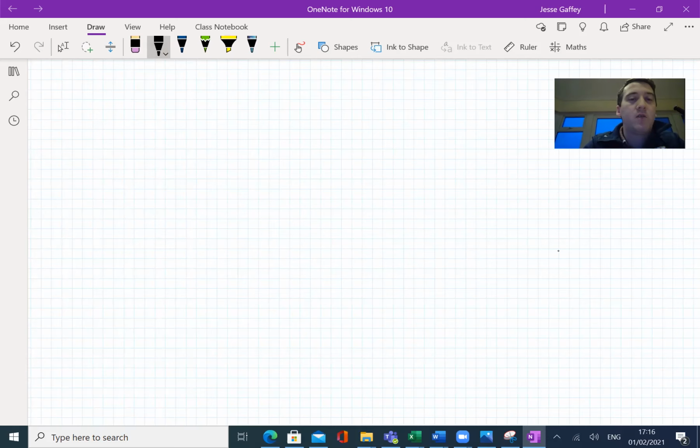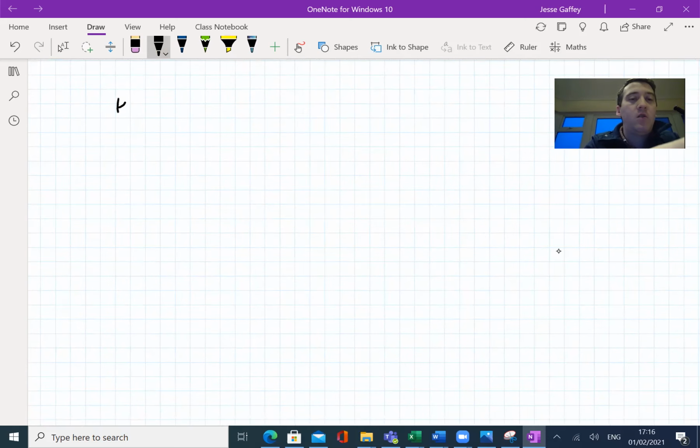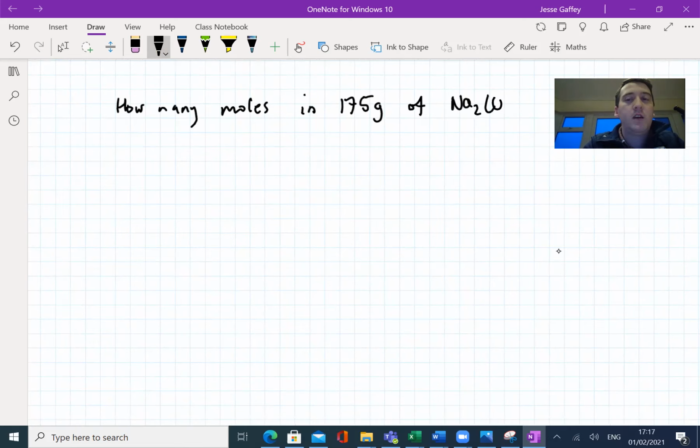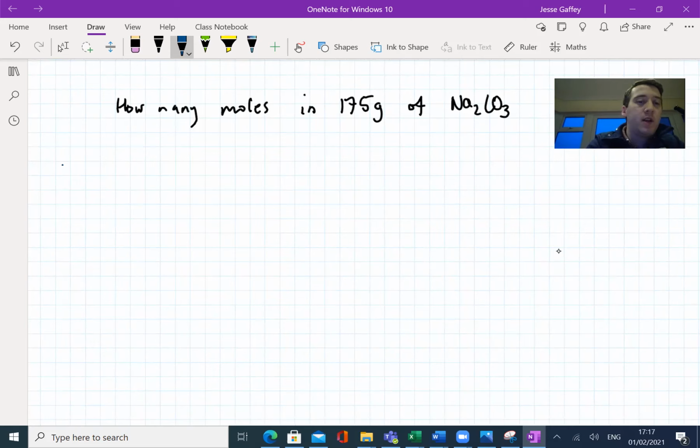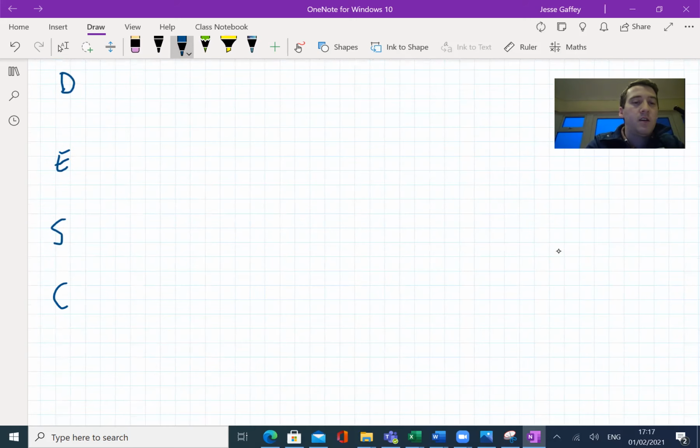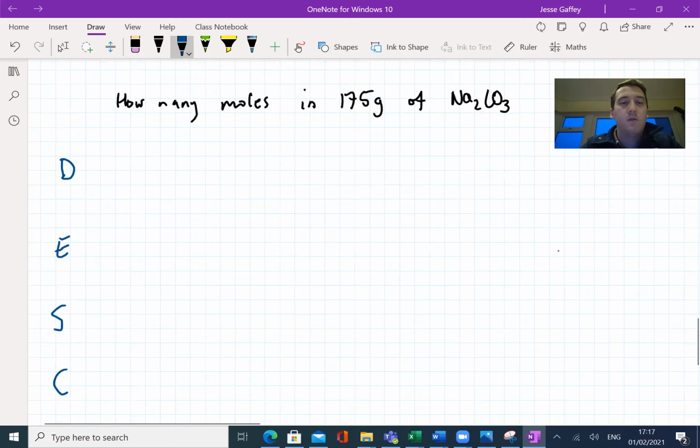So say we have a question, how many moles in 175 grams of Na2CO3? Okay, we're going to use, again, the DESCU method. So I'm going to write the letters down the side, D, E, S, C, and U. DESCU.